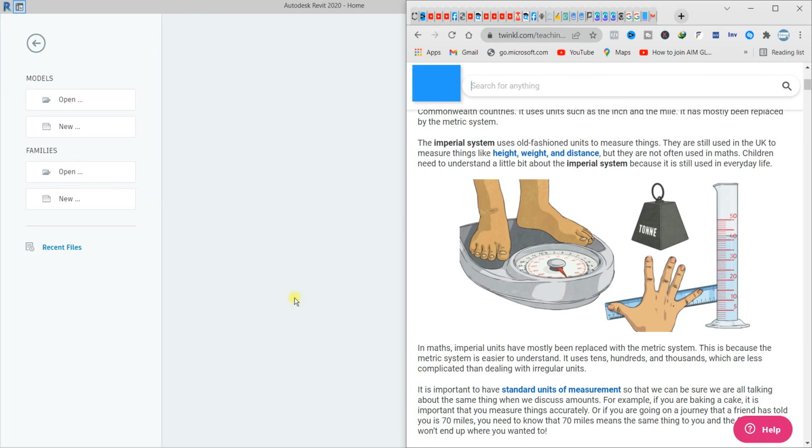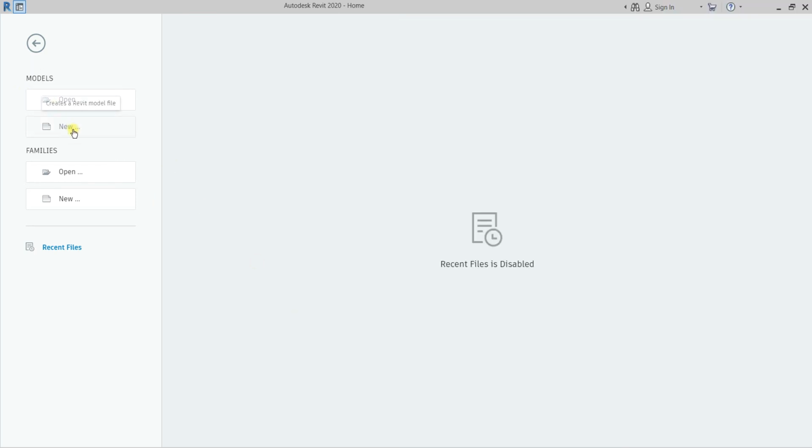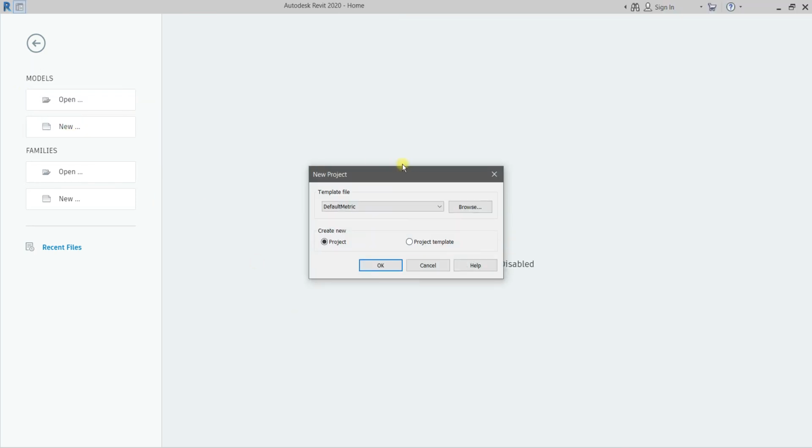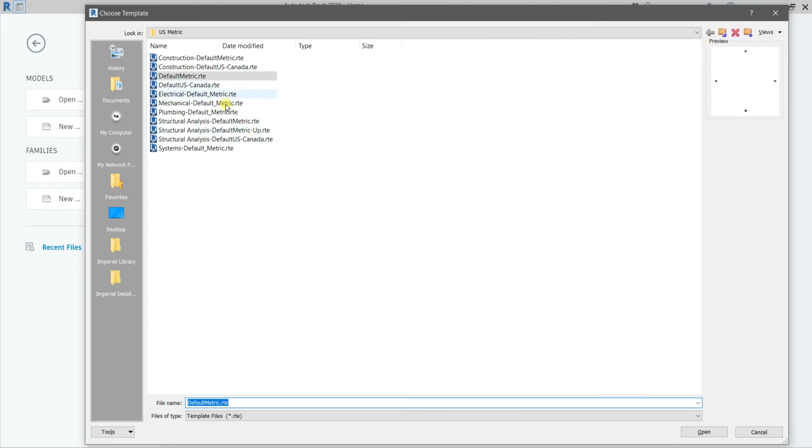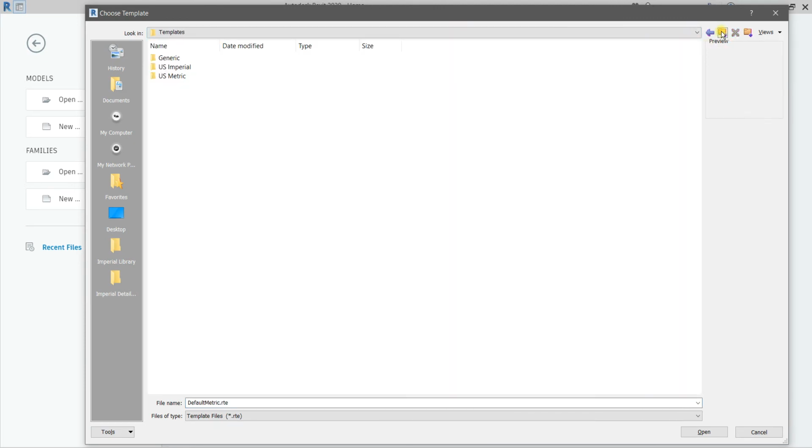Now we have various types of default templates, which you can find when you browse and open the default template folder. When I open it, I can see the templates. Under the templates I have generic, imperial, and metric.